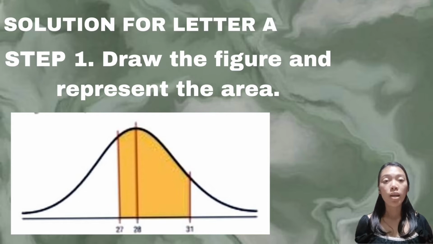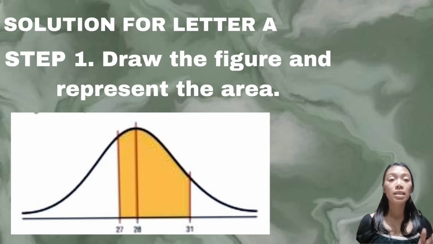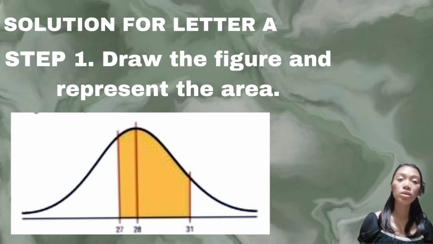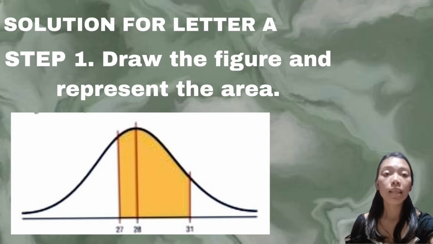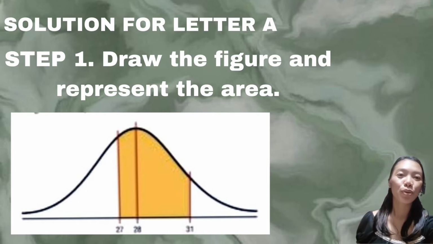The x sub 2 is placed after 28 since 31, or x sub 2, is greater than the mean. So, you can see on the screen how it was sketched. The shaded part in yellow is the area we are looking for. So, let us move forward to step number 2.